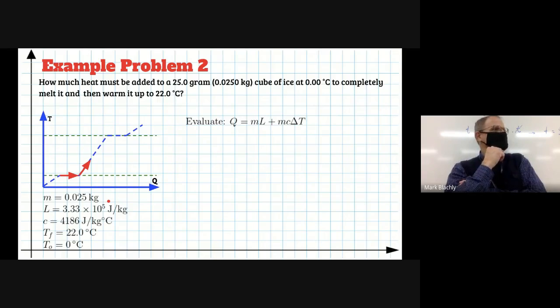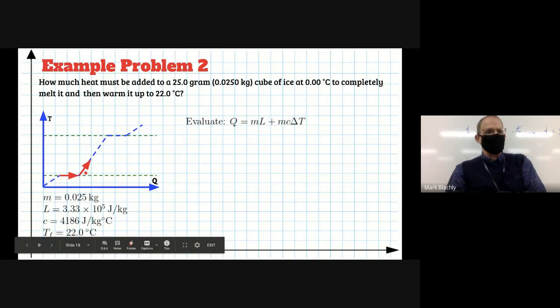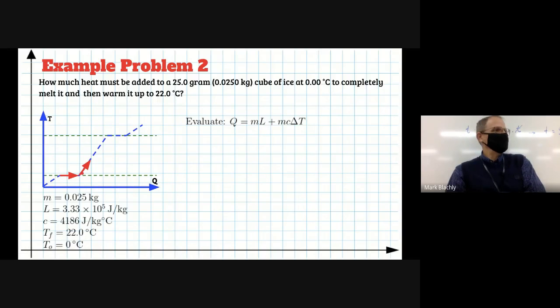Okay? So my solution is going to look like this. The heat it takes to do this is going to be M times L. That's this horizontal section. Plus MC delta T. And you know all those things. M is the mass. L is the heat of fusion, that 3.33 e to the 5th. M is the mass. C is the heat capacity.